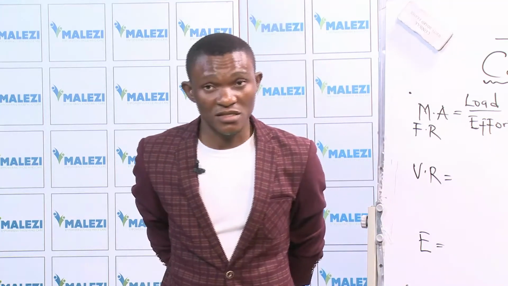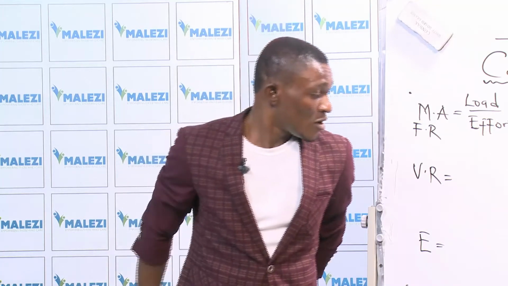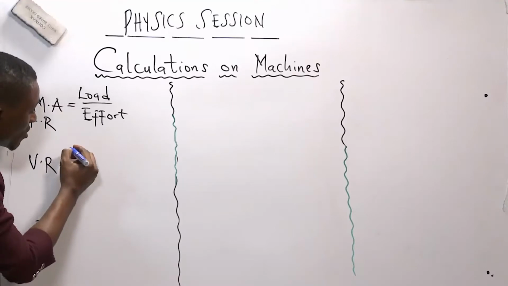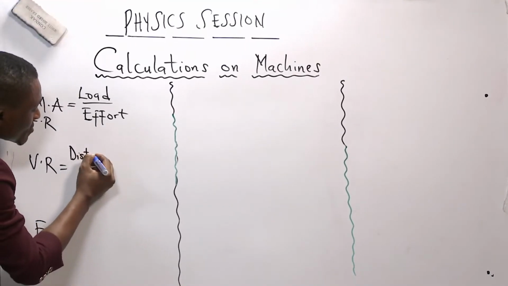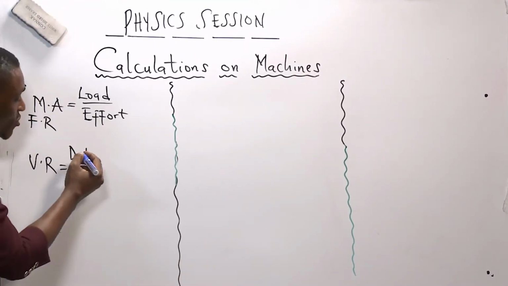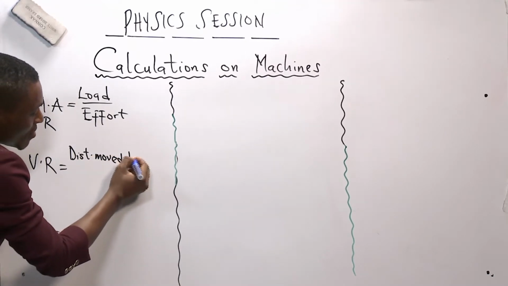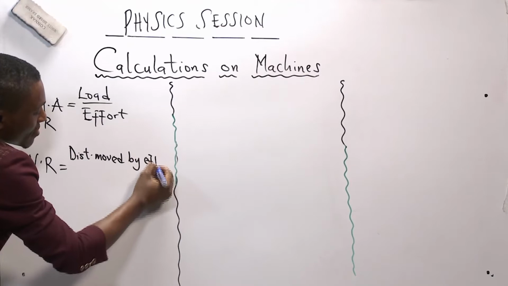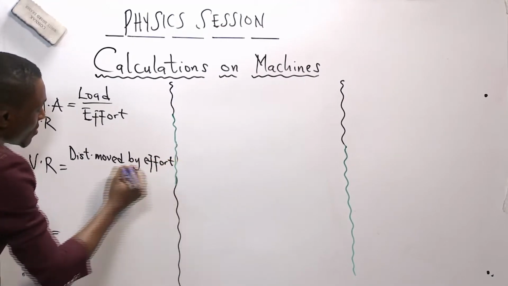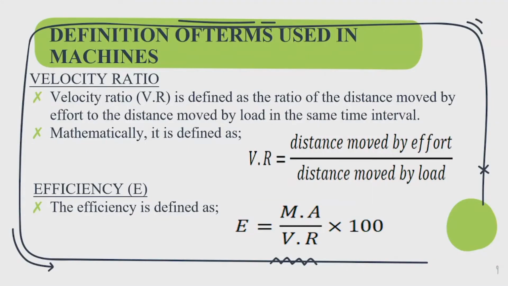The velocity ratio, on the other hand, is the ratio of the distance moved by effort to the distance moved by load.